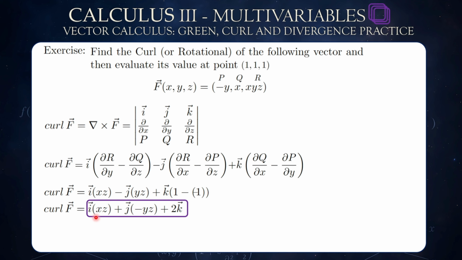So curl F is equal to i xz plus j minus yz plus 2k. This is 1 minus minus 1, which makes 2. The curl or rotation vector at point 1, 1, 1: you place 1, 1, 1 in this equation, so x equal 1, y equal 1, and z equal 1. It gives you 1, minus 1, 2.